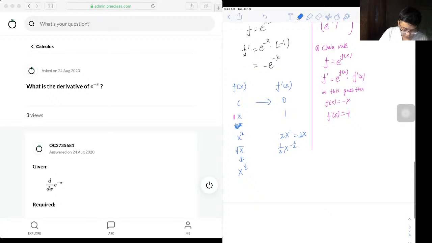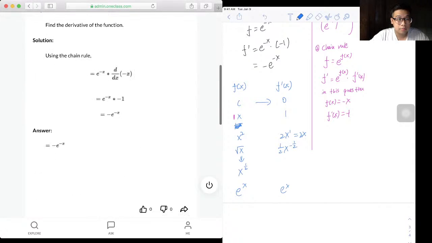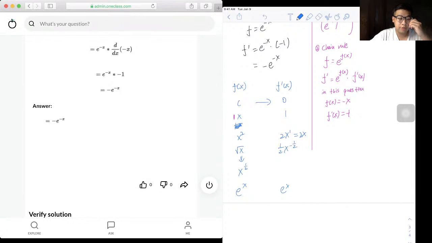And for the very last one, we just mentioned it, e to the x, the derivative of e to the x will still be e to the x itself. So the answer for this question is negative e to the exponent of negative x.